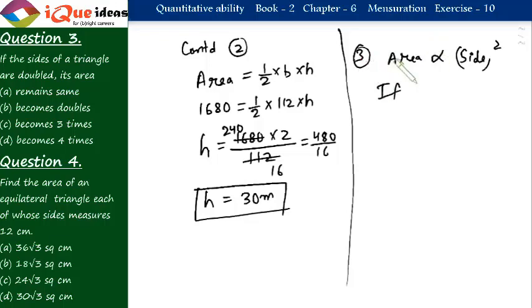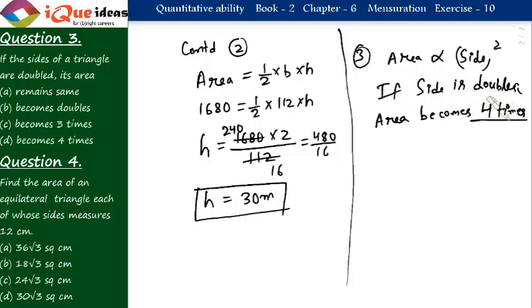So straight away, if the side is doubled, the area becomes 4 times, because area is directly proportional to the square of the side.